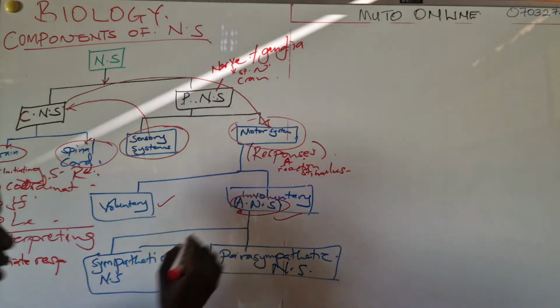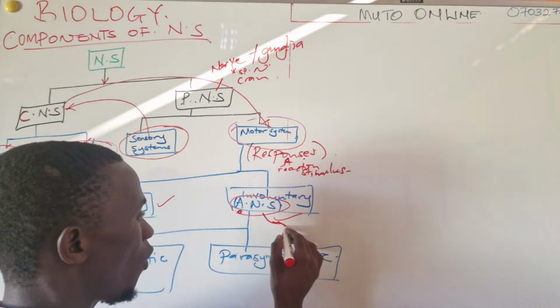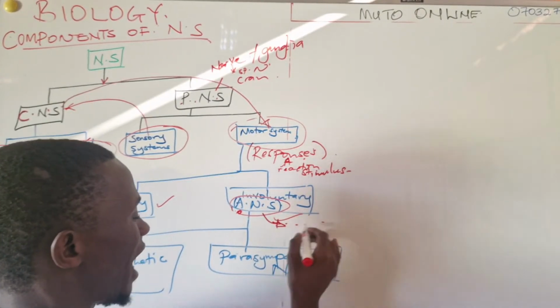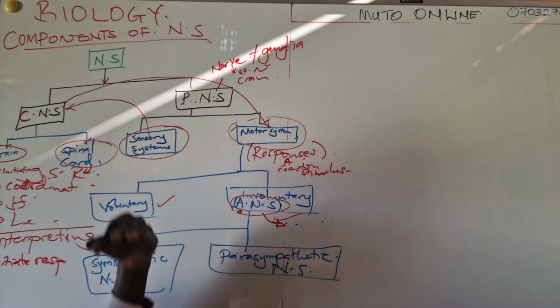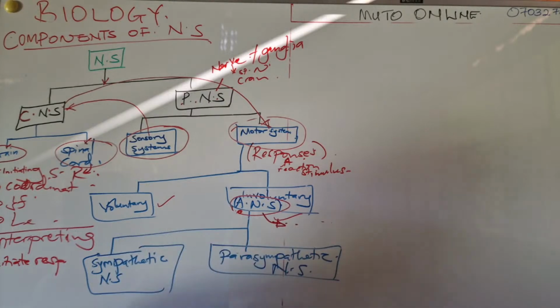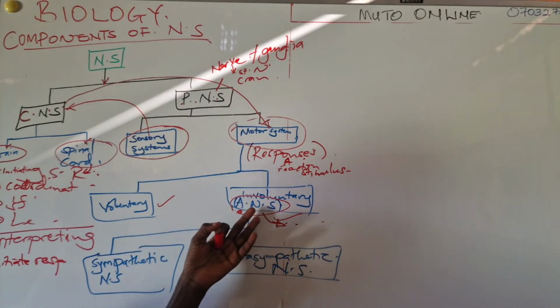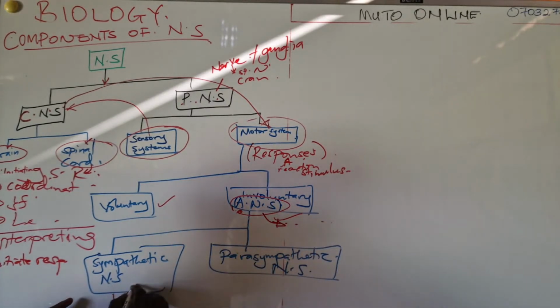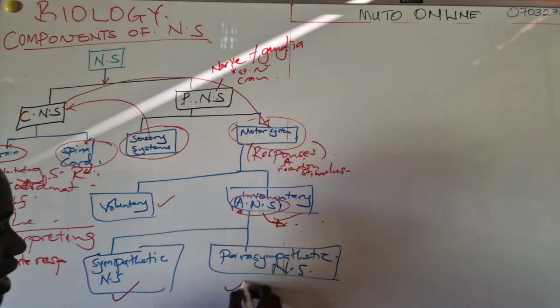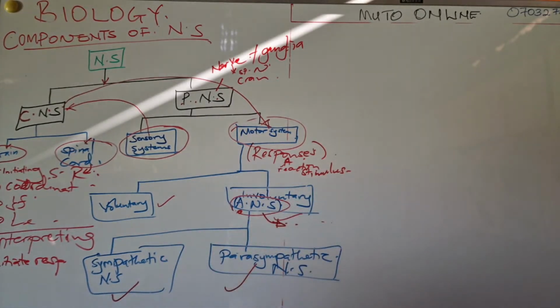We shall find that the autonomic nervous system controls and regulates responses that cannot be controlled by the body, by the brain. Those responses that occur without one's will are controlled by the autonomic nervous system, which is divided into two, the sympathetic nervous system and the parasympathetic nervous system.